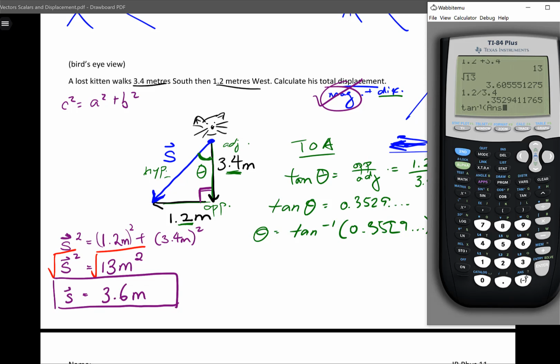Press that button, bracket it. Okay, sorry, I should use my mouse here. So here, second answer gives you the answer that you just got previously. Close your bracket, enter.